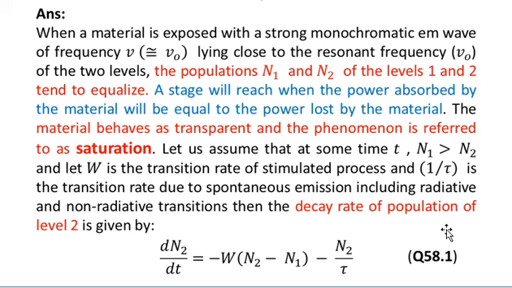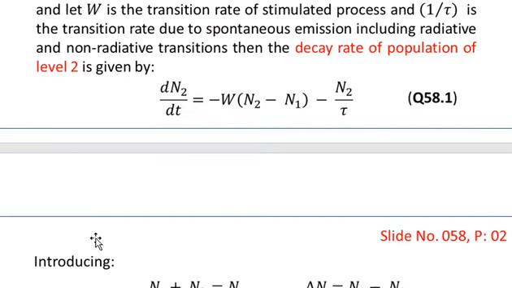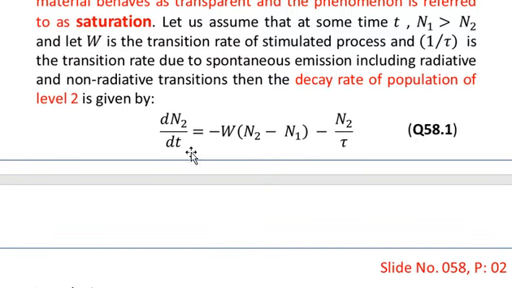Then the decay rate of the population of level 2 is given by dN2 over dt is equal to minus W, within parentheses we have N2 minus N1, minus N2 over tau. You see that we have this minus WN2. Actually this process is the stimulated emission process.